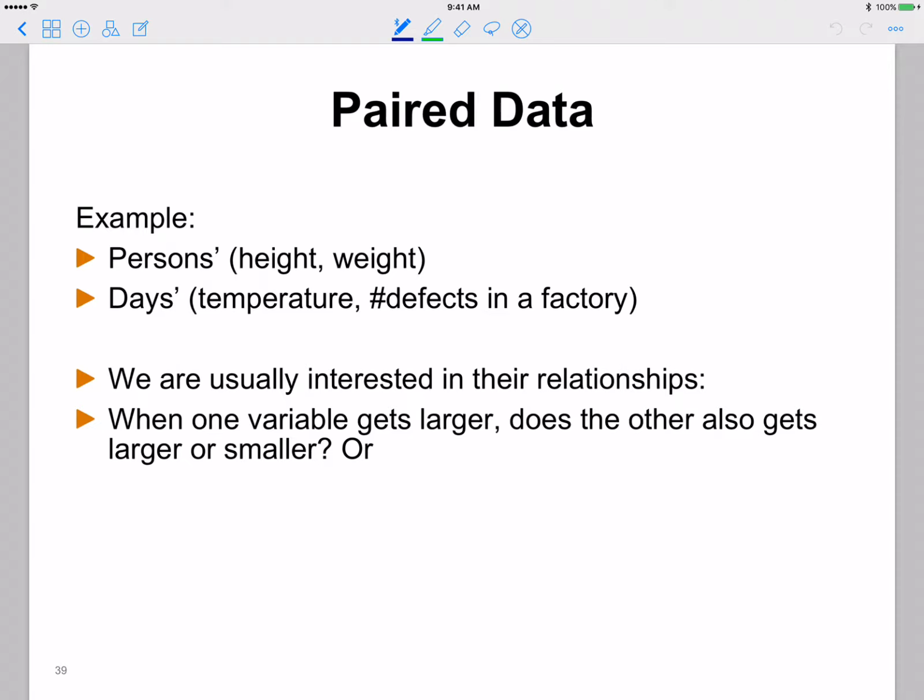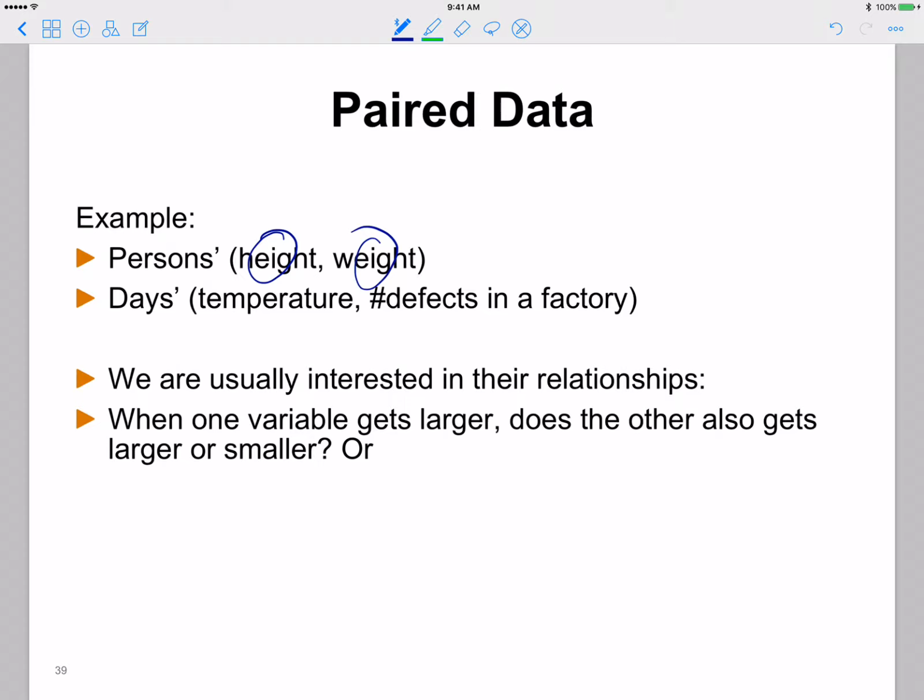So we consider two different types of data, where one is height and the other is weight. But those two types of data are linked together. In this case, they belong to the same person. Also, we measure every day's temperature and the number of defects in a factory.